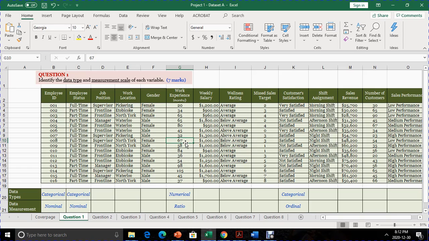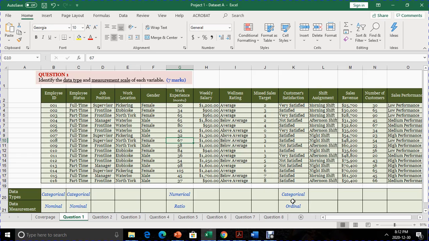If that can be established in the form of a ratio, then that data type will be a ratio scale. Most numerical data are ratio. Most like 95% of all numerical data are ratio.